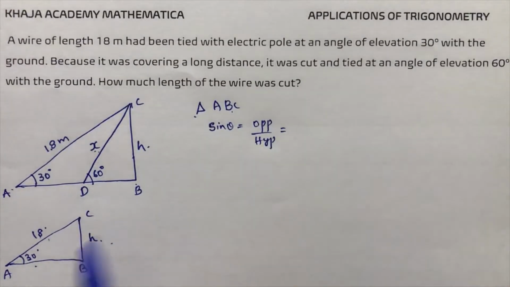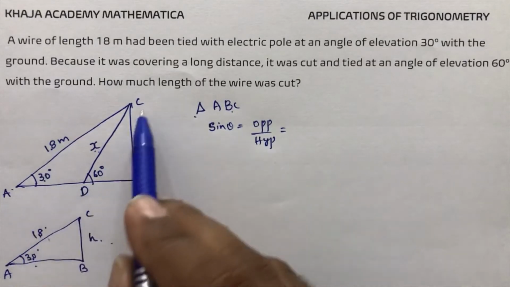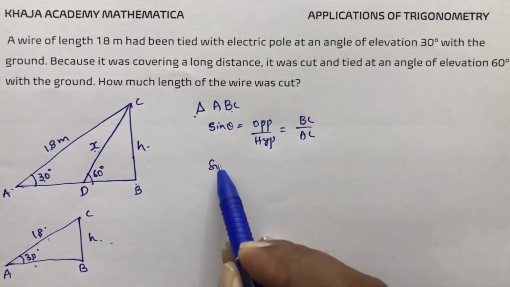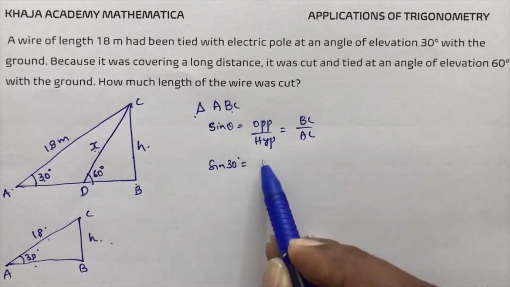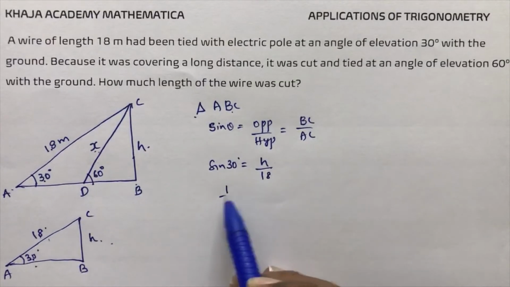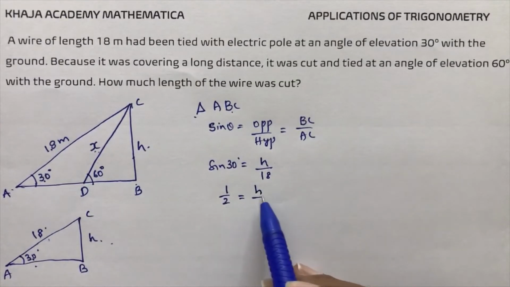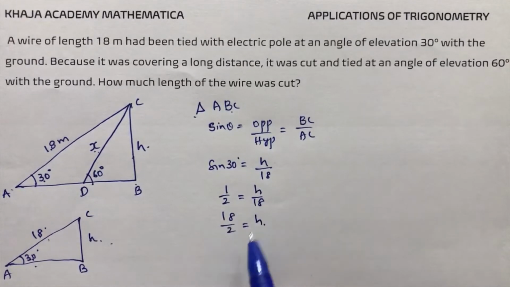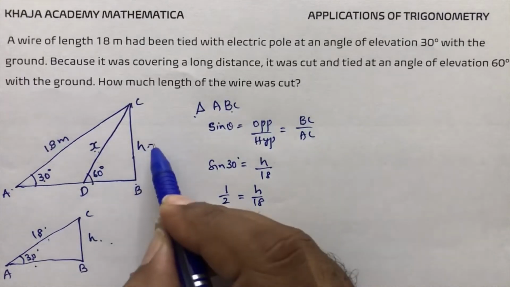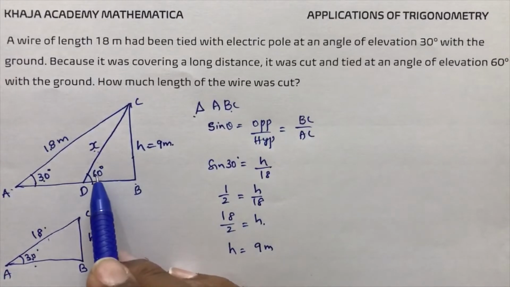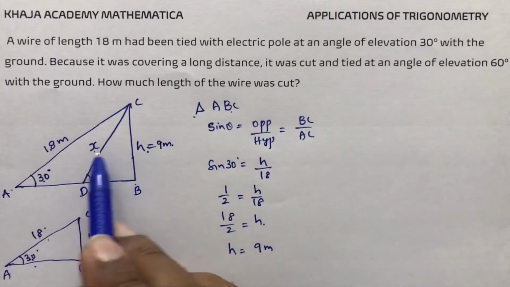Taking theta as 30 degrees, opposite is BC, hypotenuse is AC. So sine 30: opposite is H and hypotenuse is 18. Sine 30 is 1 by 2, so 1 by 2 is H by 18. Cross multiply: 18 by 2 equals H. So H equals 9 meters. So the height you got is 9 meters. Now with the help of this theta and height, find X.